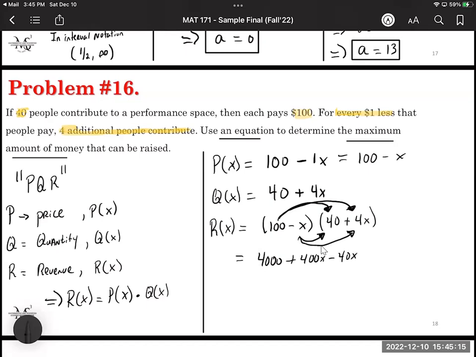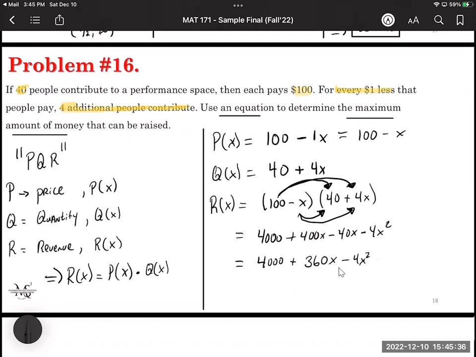And negative x times 4x is minus 4x squared. Okay, so I simplified this just a tad bit. The 400x minus 40x is 360x. So this is 4,000 plus 360x minus 4x squared. So you could rewrite the revenue function where the powers are descending. So you could say minus 4x squared plus 360x plus 4,000.